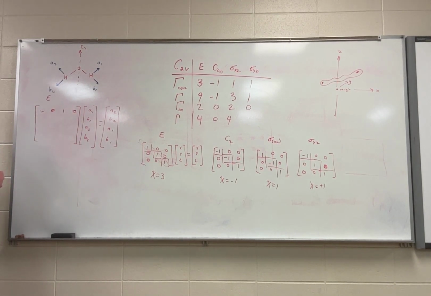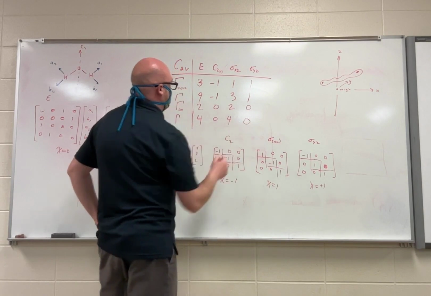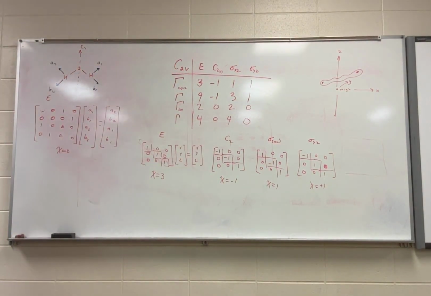And then B1 goes to B2, 0, 0, 0, 1. A2 goes to A1, 1, 0, 0, 0. And then B2 to B1 is 0, 1, 0, 0. The sum of the terms on the diagonal is 0. So this becomes 0. And now I've constructed a 4-dimensional representation. Okay.